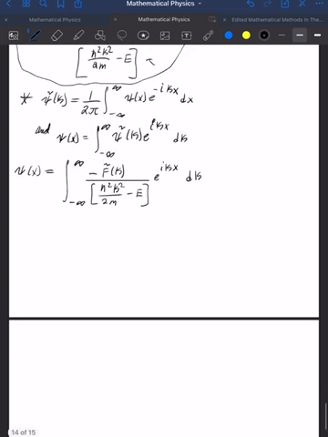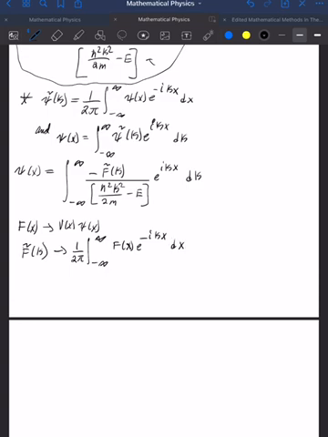Now, remember we defined our function f of x earlier, which was equal to v of x times psi of x. And remember that f tilde of k is equal to 1 over 2 pi times the integral from minus infinity to infinity of f of x e to the minus i kx dx.